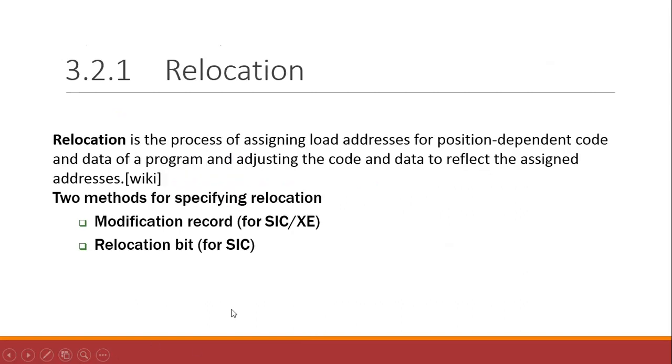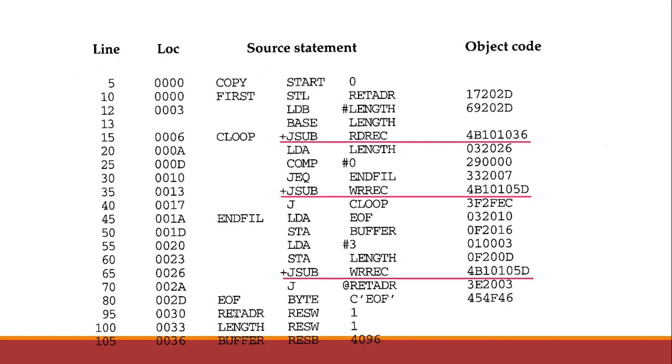For program relocation, two methods are there. SIC/XE uses the modification record, and for SIC, relocation bit masking is done. The modification record is written for those instructions where modifications are required.